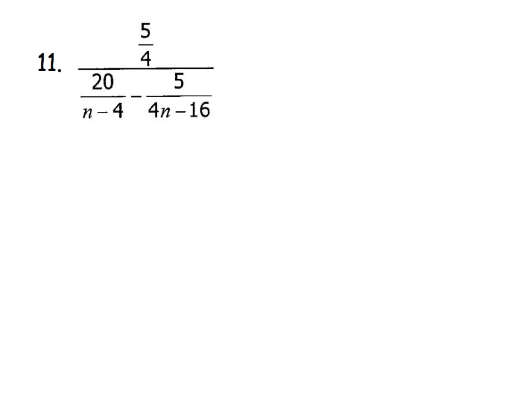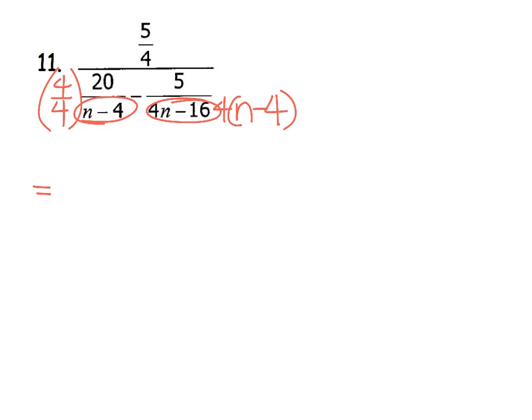So, single fraction on top, we're good. But on the bottom, we do not have a single fraction. So we need to make it a single fraction, and we need to subtract and combine our like terms. First thing we want to do is factor out a 4 here, and we get 4 times n minus 4. So that's this denominator. Now in order to make this denominator the same, we need to multiply it by 4, and whenever we multiply the bottom by something, we have to multiply the top by it too.